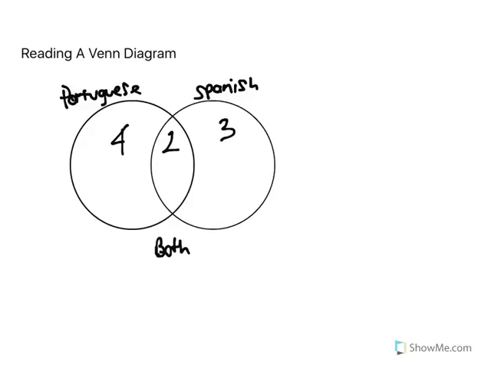If we break down the information from the Venn diagram, we have the number of people that speak Portuguese only are on this side, and there's 4 of them. So I'm going to draw 4 people over here.